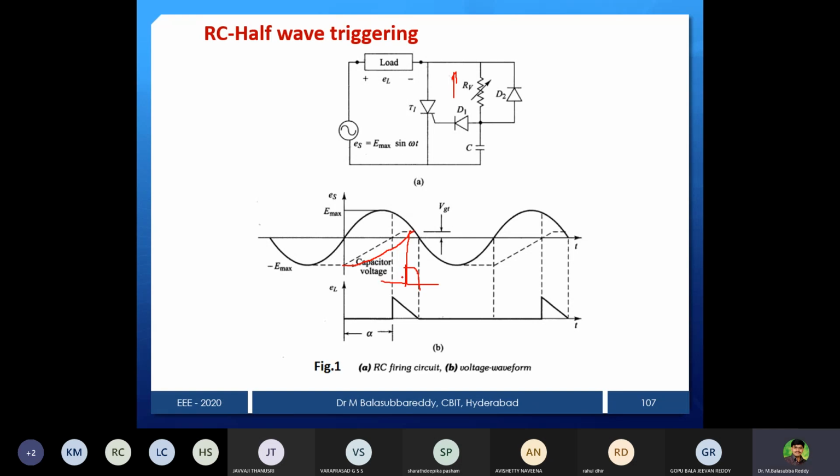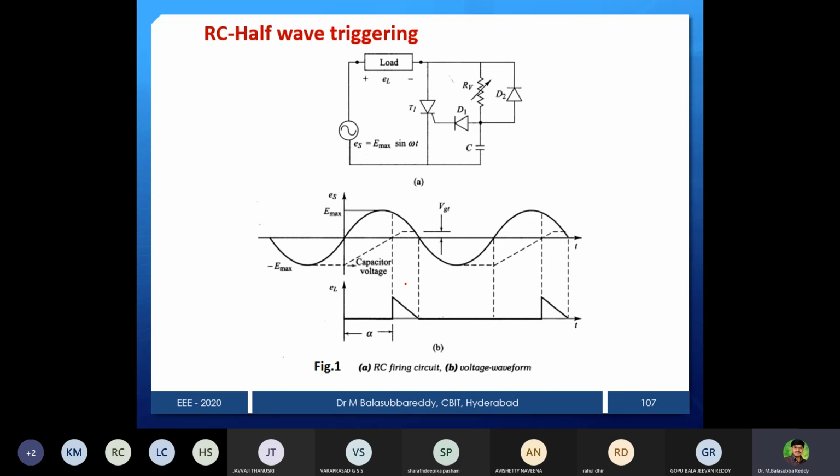This total gap I call alpha. So one observation is that by controlling RV, we can get alpha variations, and that alpha variation can go beyond 90 degrees also. Everywhere, only the charging capacitor is used to fire the device, in addition to the resistor. That is the reason we call it RC triggering.